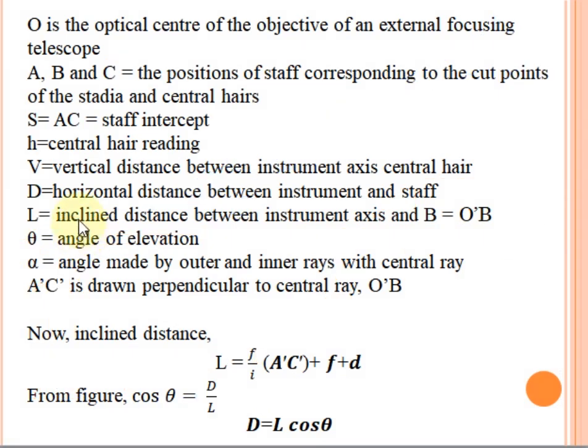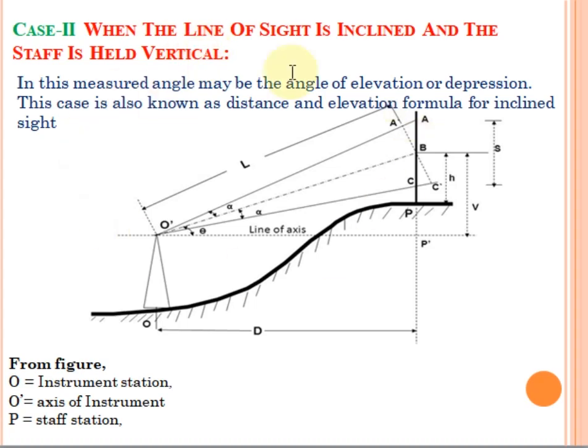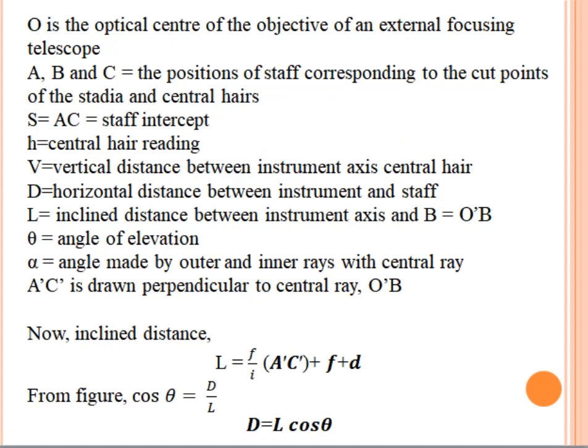O is the optical center of the objective of an external focusing telescope. This is your previous figure, in which O is the instrument station. ABC is the position of the staff corresponding to the cut points of stadia and central hair.